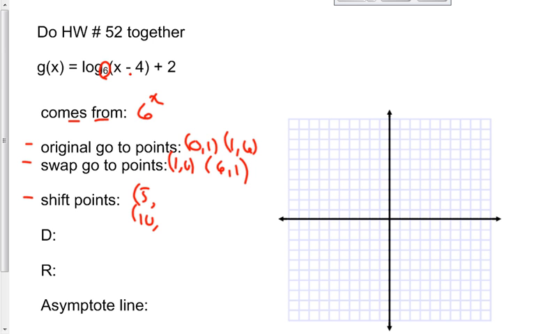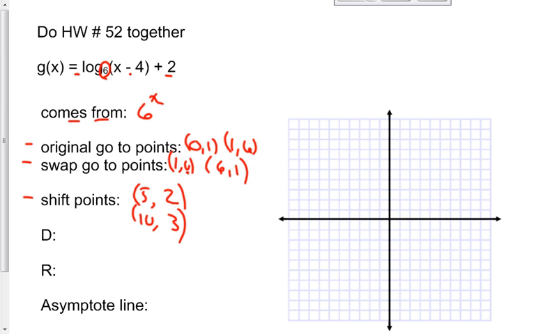We're done shifting the x-coordinate. Now we shift the y values. I do not have a multiplier, but I will have to add 2 to each of my y-coordinates. 0 plus 2 leaves me at 2. 1 plus 2 leaves me at 3. Those should be my ending points.